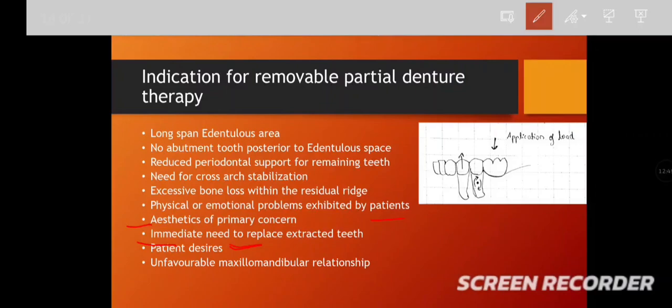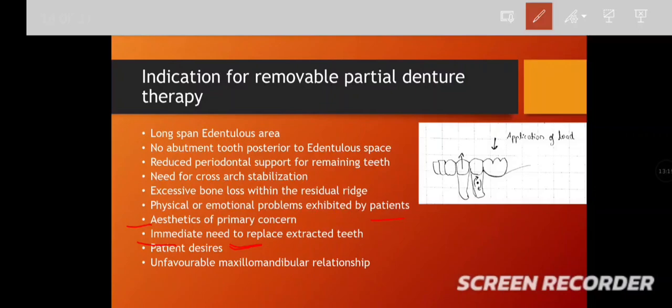Next, patient desire. Some patients insist on removable prosthesis because they don't want fixed prosthesis for two reasons. They don't want the healthy teeth to be trimmed. Some people get scared of dental implants, and also some people avoid because of economic reason. Next, unfavorable maxillomandibular relationship.